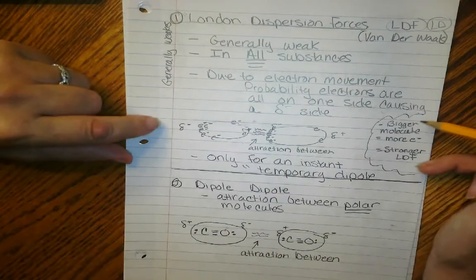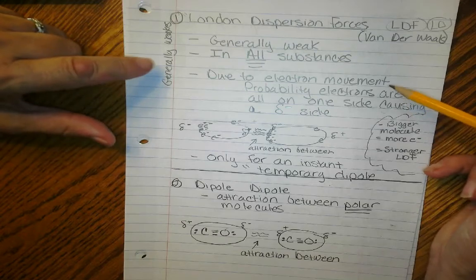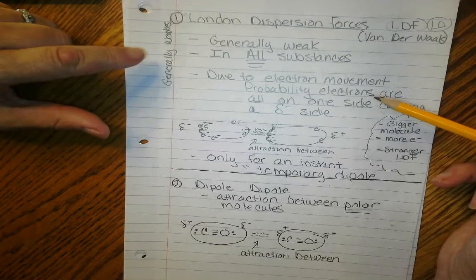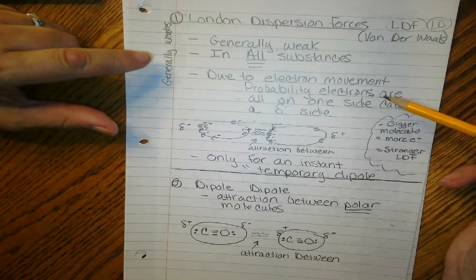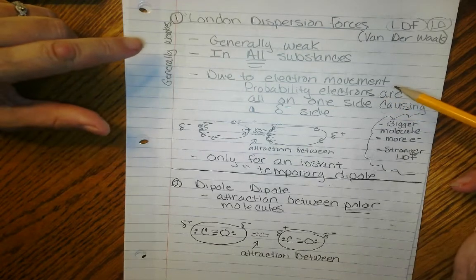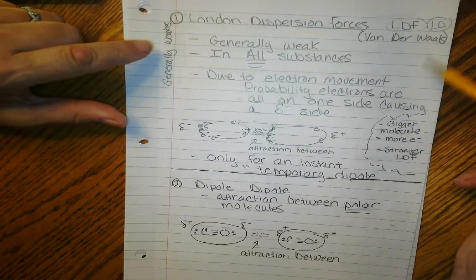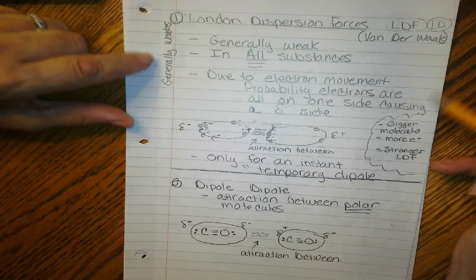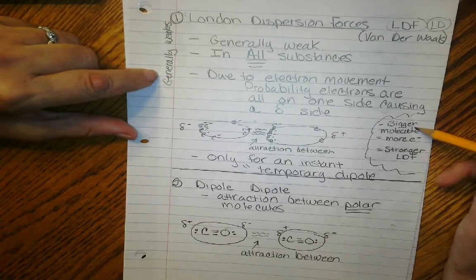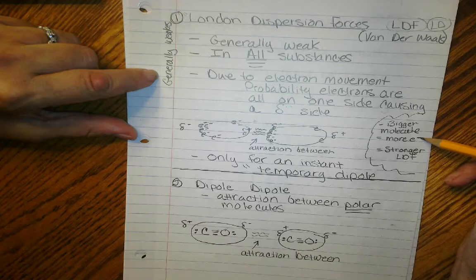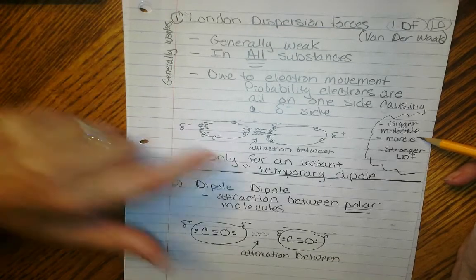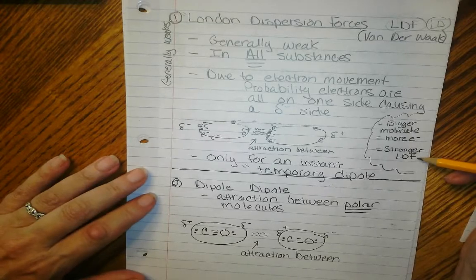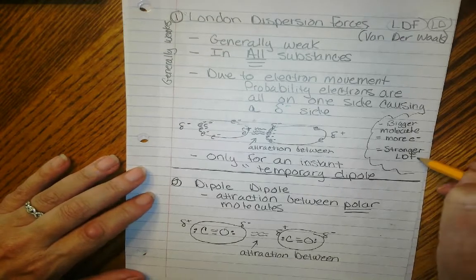Now, what's important to know is if we are comparing two different molecules, so let's say I have methane and octane, those are both nonpolar molecules, and they both have London dispersion forces only, but the bigger the molecule, the more electrons that they have, the more probability you'll have clumping, and that means the bigger the molecule, the stronger the London dispersion forces are.